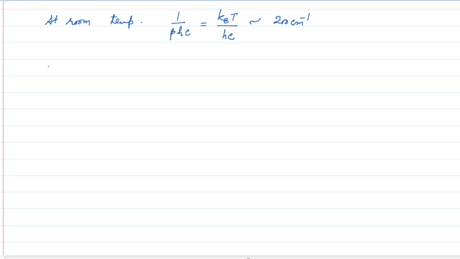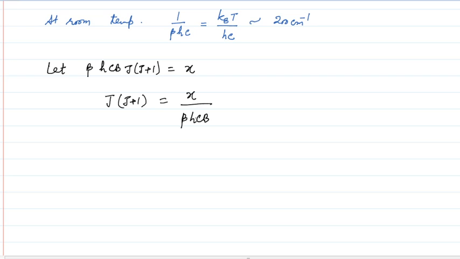You can simply use one more method. If you put this beta hcB j into j plus 1 equal to suppose x, that means j into j plus 1 will be equal to x upon beta hcB.